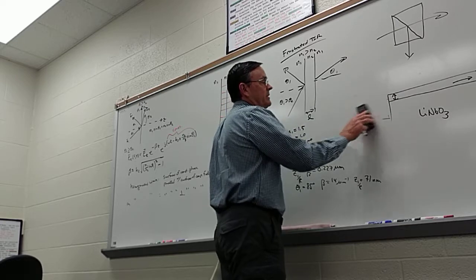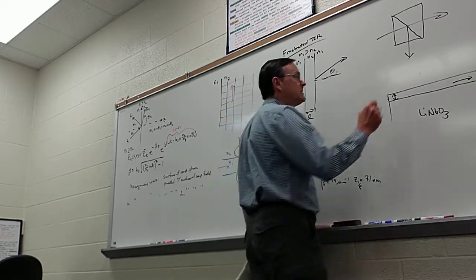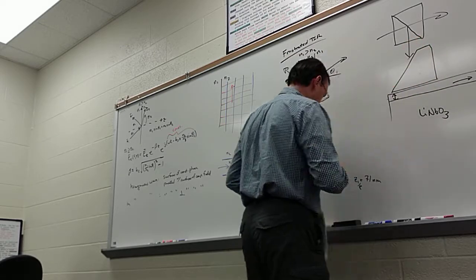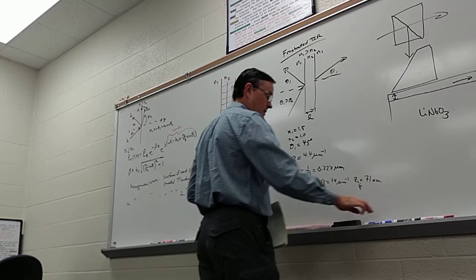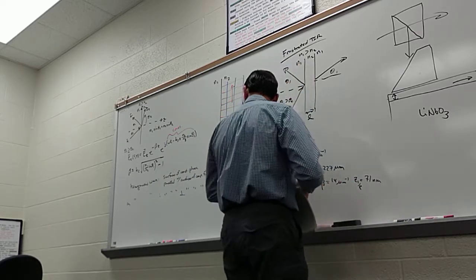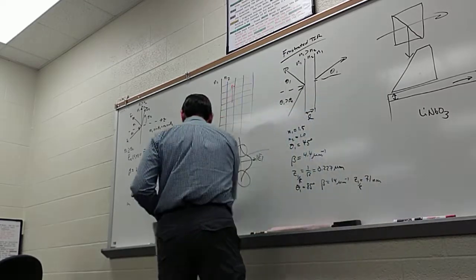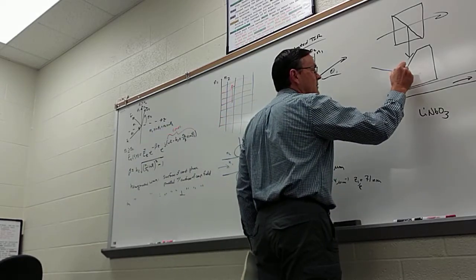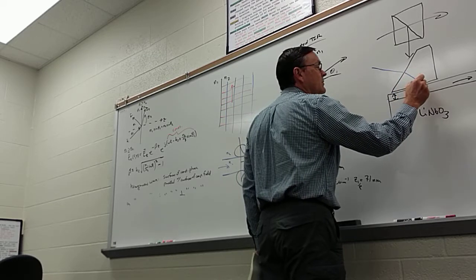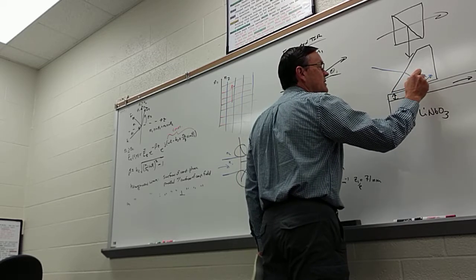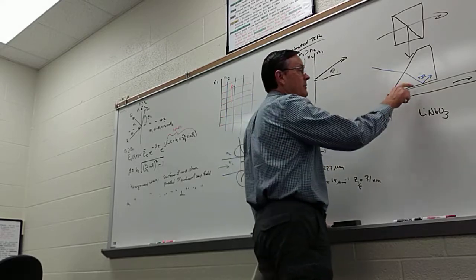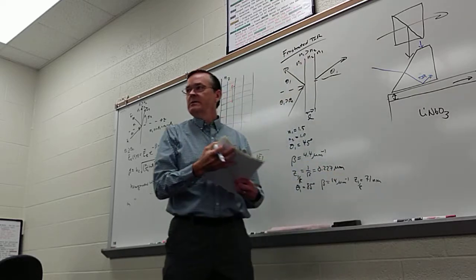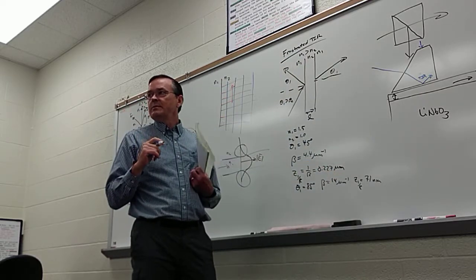Another way you can play the game is you could stick a prism on top of this and tune things so that you come in at an angle here so that you get total internal reflection at that interface because of this air gap. But you press on this and squeeze the air so that the gap gets really small.